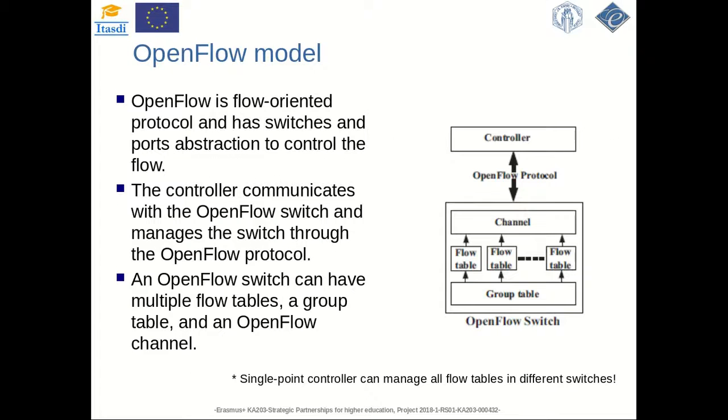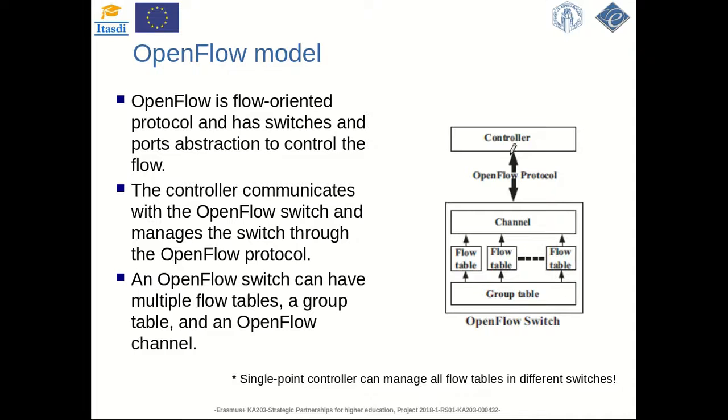Also, in the OpenFlow model, the single controller also has a single point of failure issue, and to solve this issue, we can use distributed controllers in different locations, not only one controller.